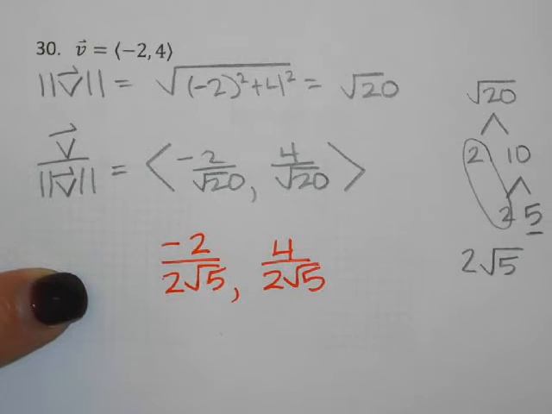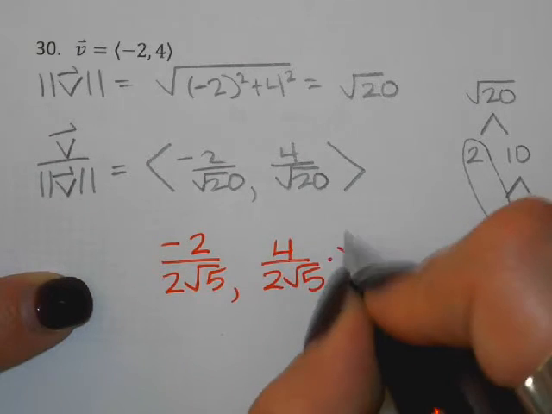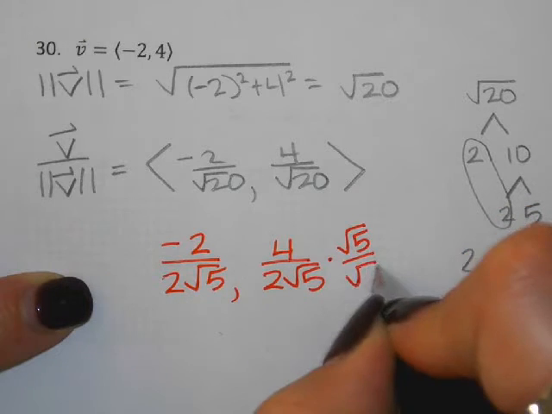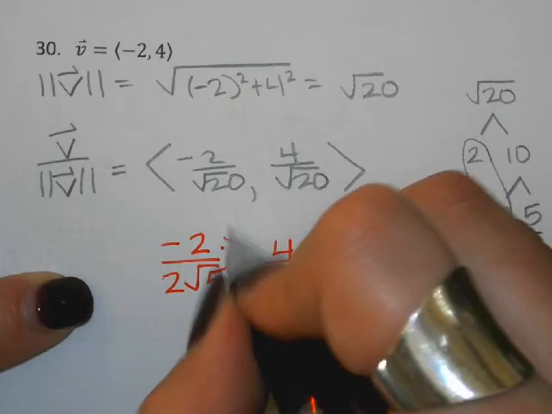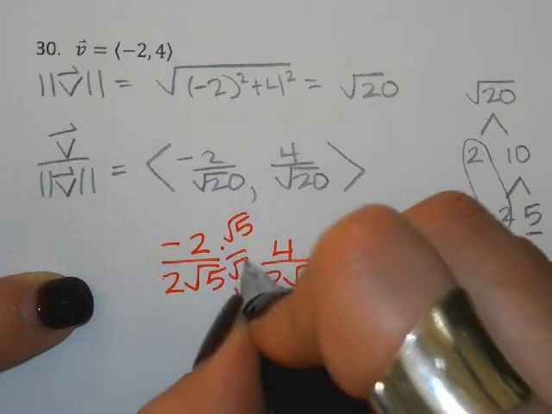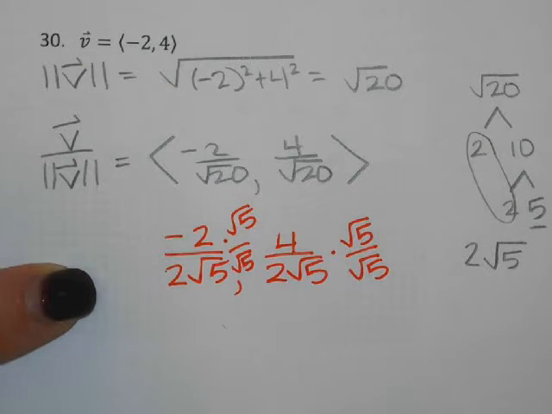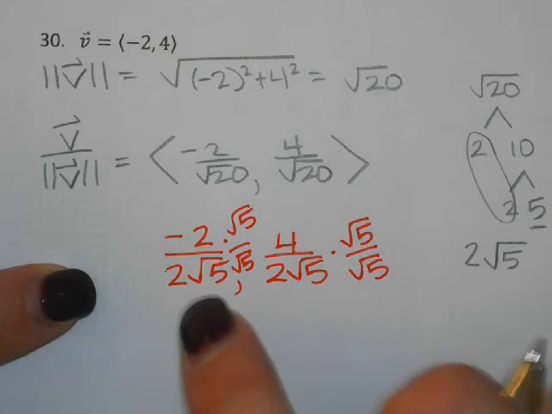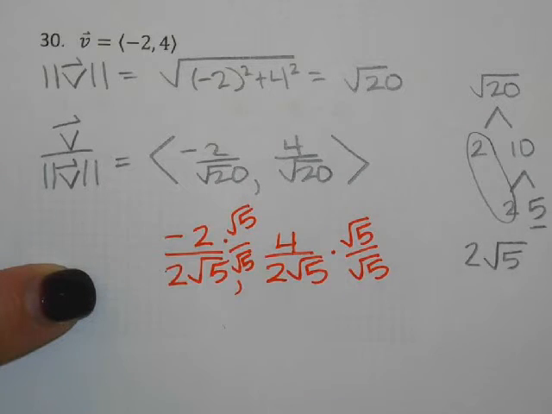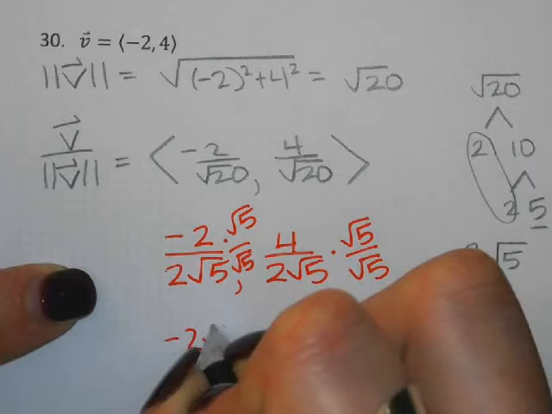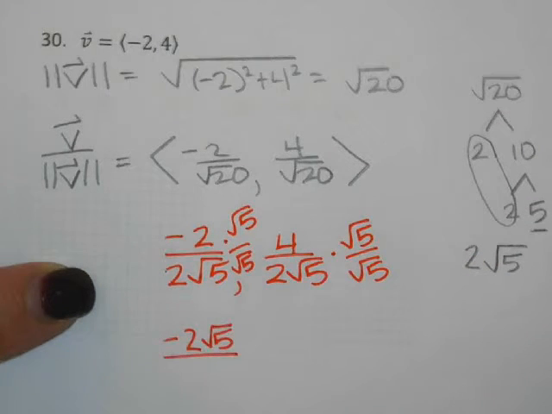and then I'm going to have to fix it. So I'm going to multiply by square root 5 on the top and square root 5 on the bottom. So on the top, we have negative 2 square root 5.